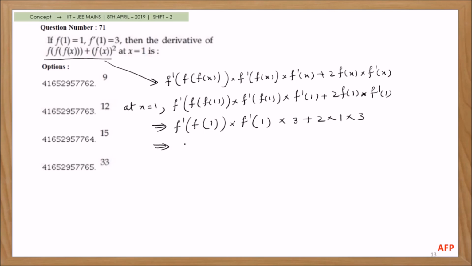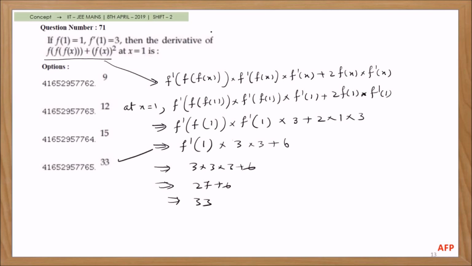So this implies f dash of 1 is 1 into 3 into 3 plus 6 you have. So it is 27 plus 6, which is nothing but 33. Option 4 it follows.